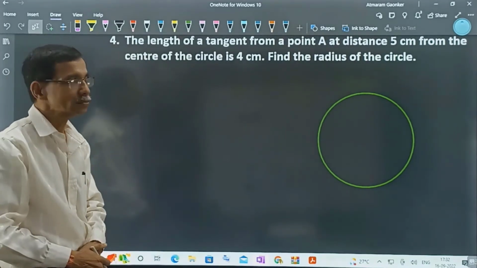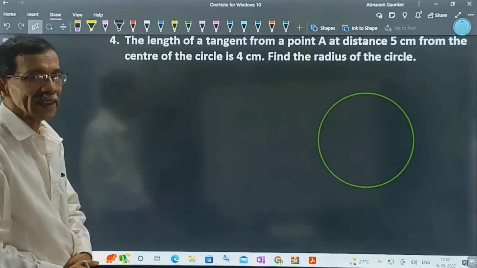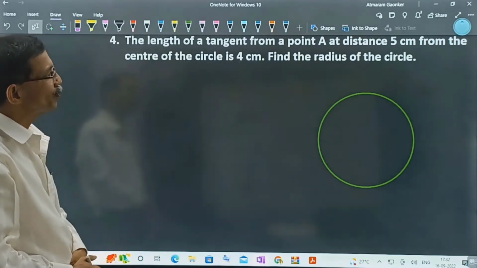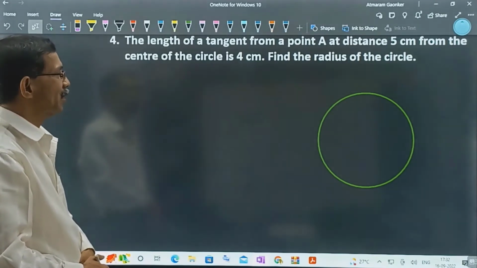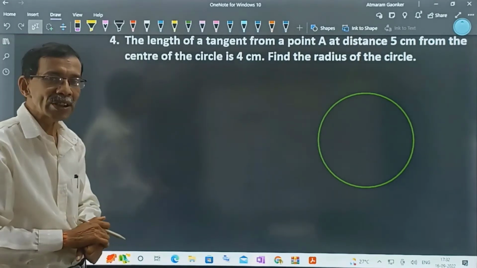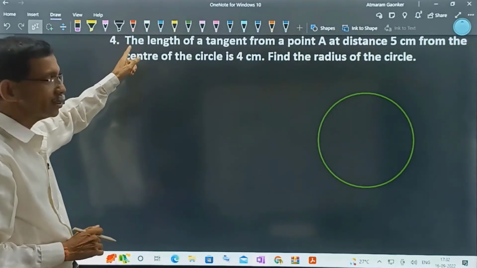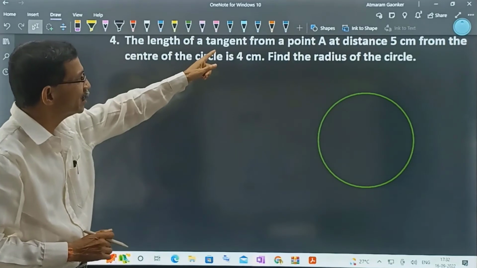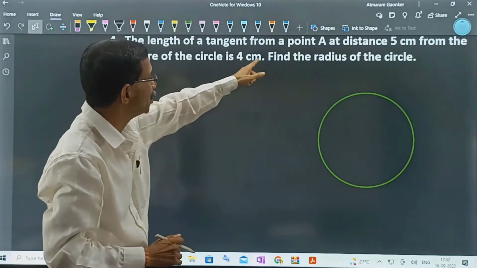Question here is like this. The length of a tangent from a point A at a distance 5 cm from the center of the circle is 4 cm. Now which is the length, 5 cm or 4 cm? See, read it carefully. The length of a tangent is 4 cm.